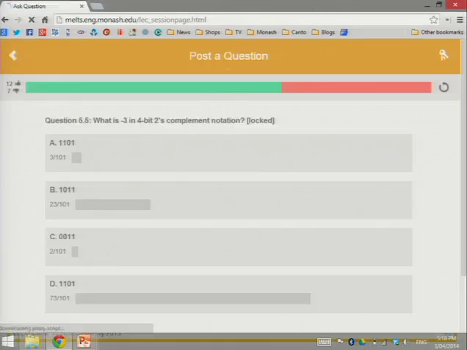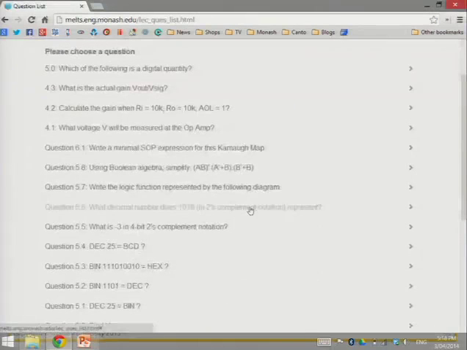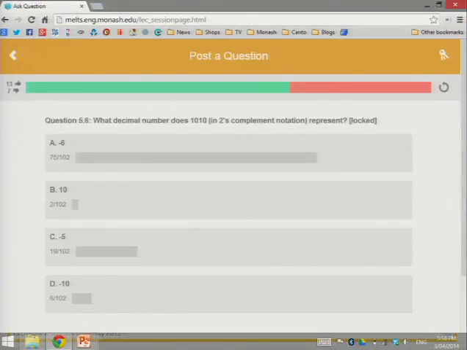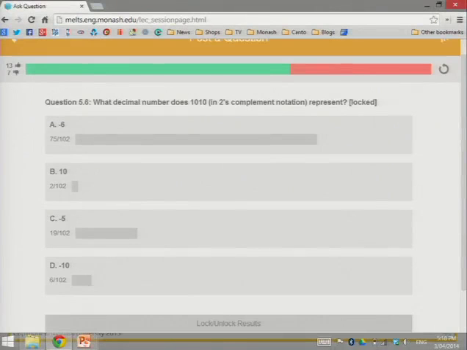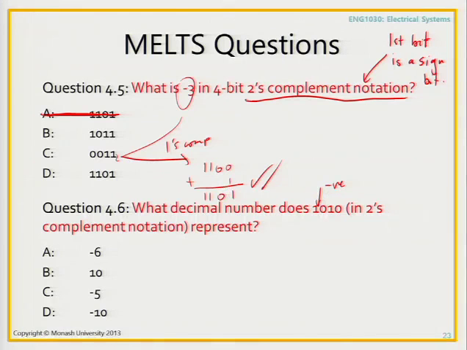Now, what is this? And the answer is, which one am I doing? This one. The answer is A, is what people think. But is that correct? Okay, so 1010. What is the process by which we figure out the magnitude of this? We know it's negative. So we take the 2's complement of this number to give us the magnitude.